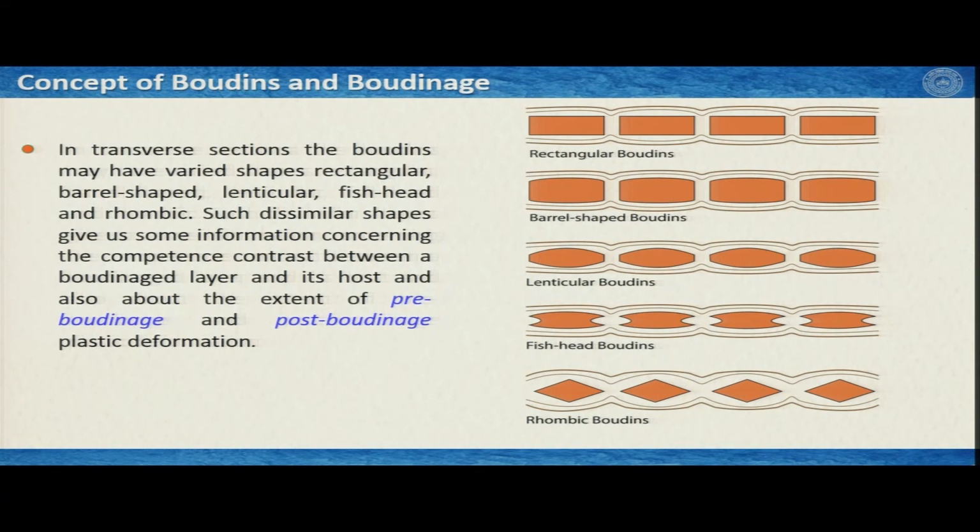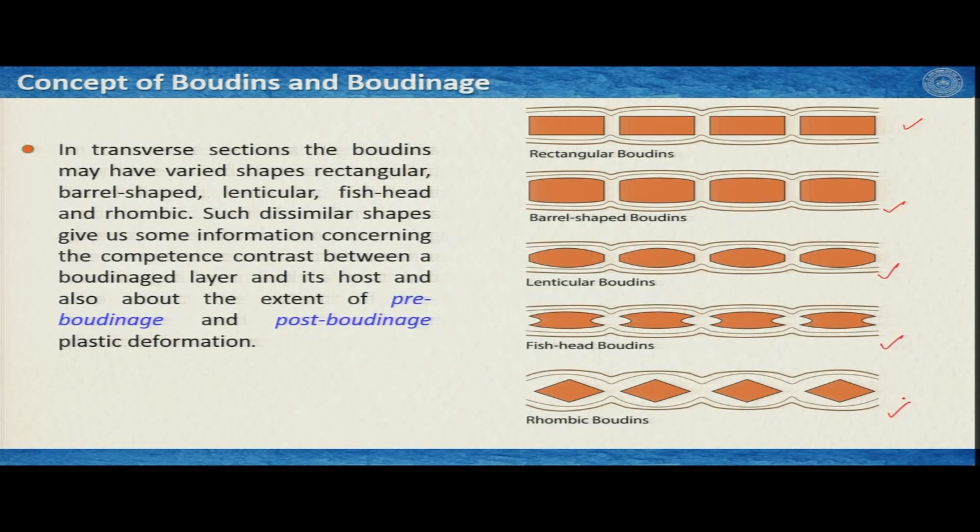Now, these dissimilar shapes give us some information concerning the competence contrast between a Boudinage layer and its host rock, and at the same time they tell us about the pre-Boudinage and post-Boudinage plastic deformation in particular. What we see here is a series of illustrations: rectangular Boudins, then barrel shaped Boudins, then lenticular Boudins, and then fish head Boudins and rhombic Boudins.